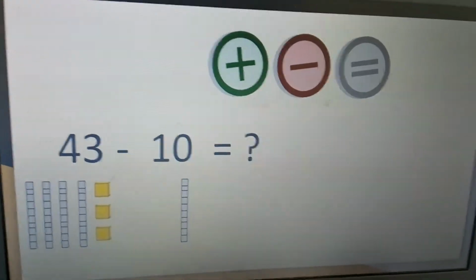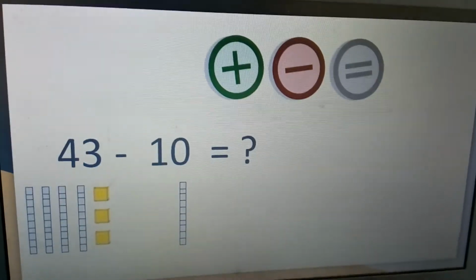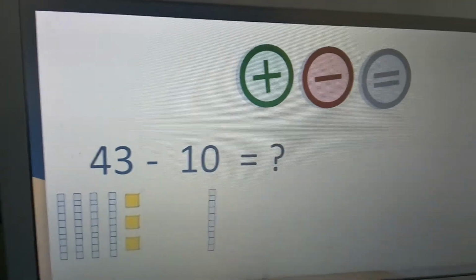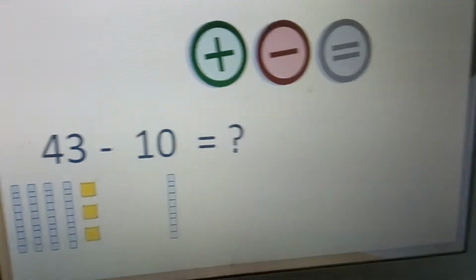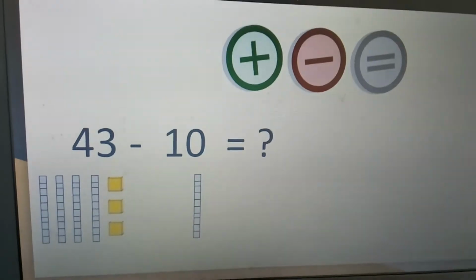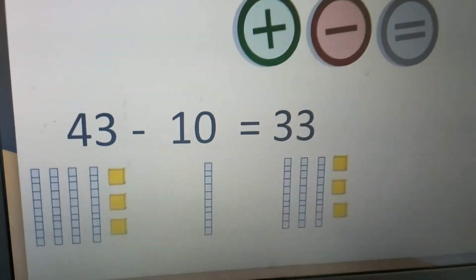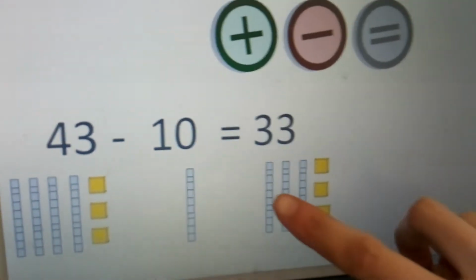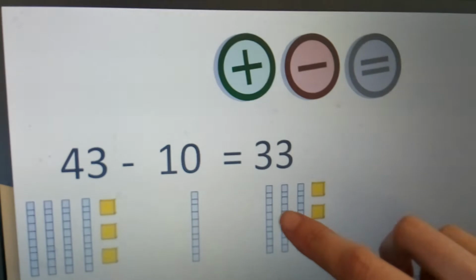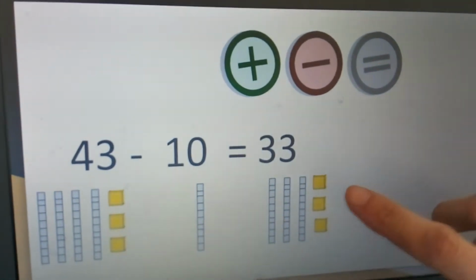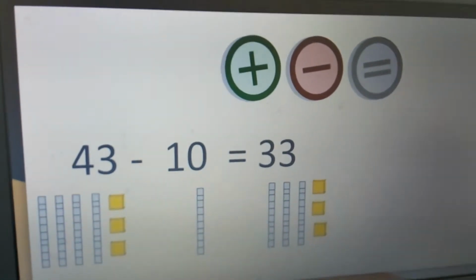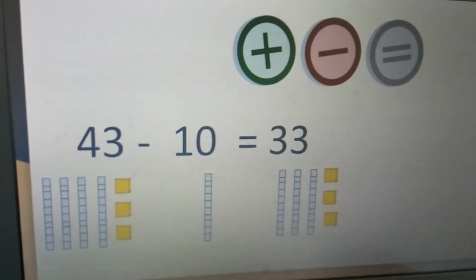Let's do another one. 43, take away 10. So if I got rid of a 10 stick, what would my answer be? Let's see. So I have 10, 20, 30, because I got rid of one of my sticks. 31, 32, 33. All right, let's do one more.